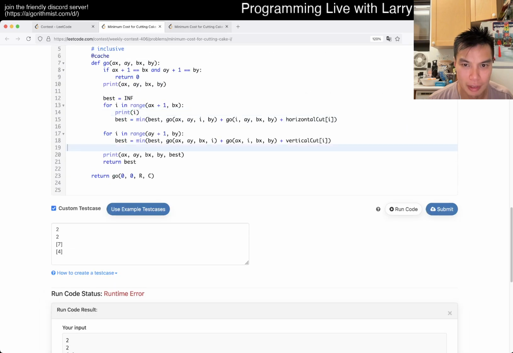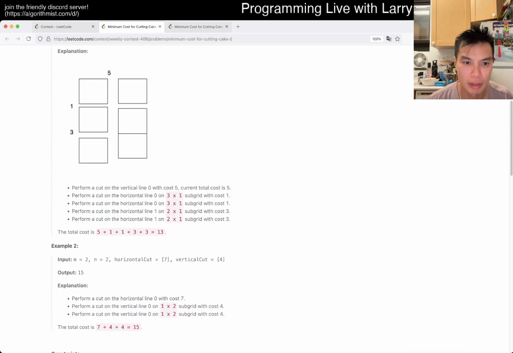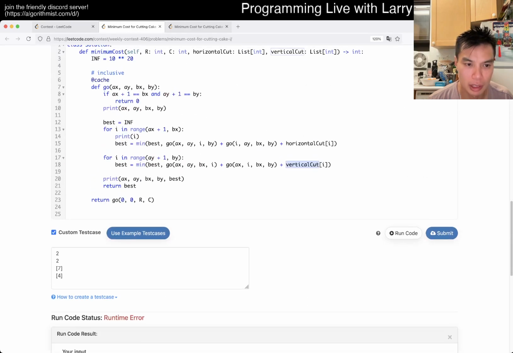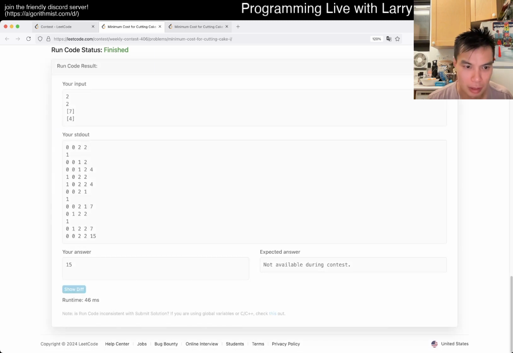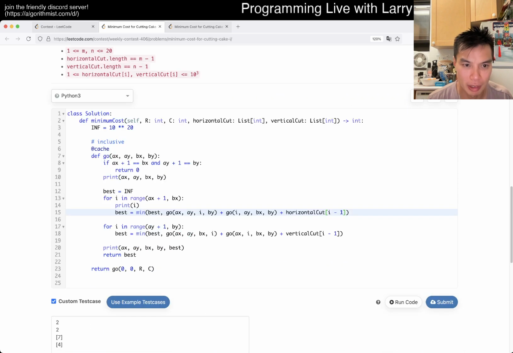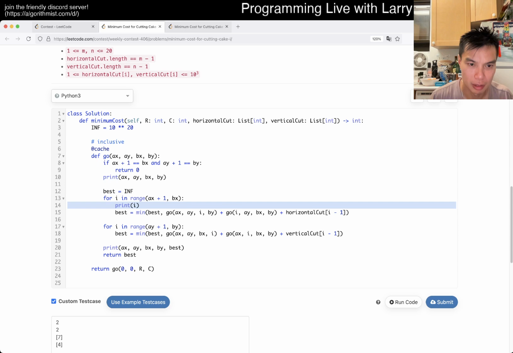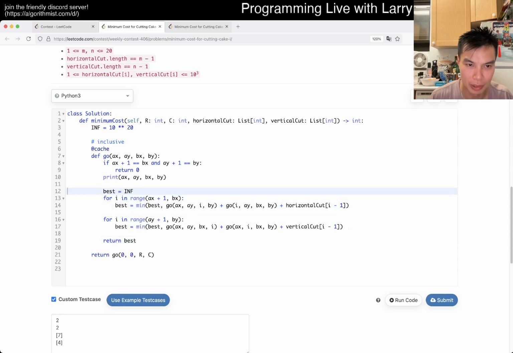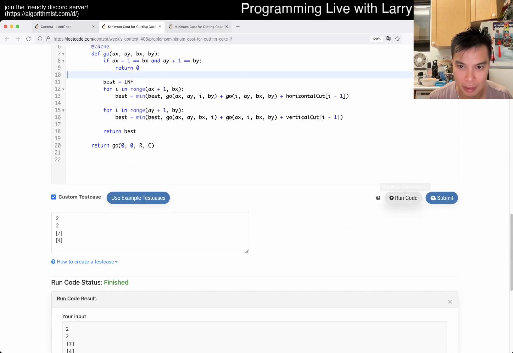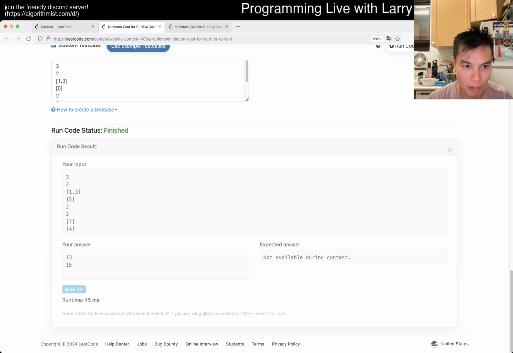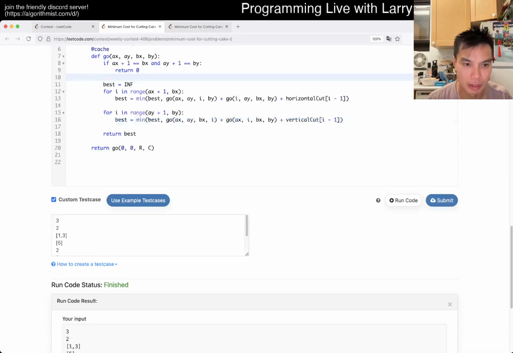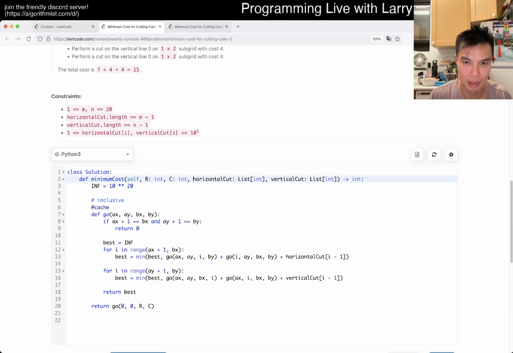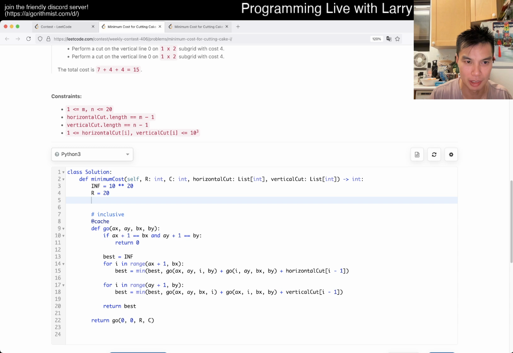Line 18. Why is vertical cut wrong? So this is 0, but we want it to be 1. Oh, okay. So this is this minus 1 because it'll never be 0. Okay, fine. So 15 is 15, right? All right, fine. Now is this fast enough? Who knows? That took a while, honestly. 13, 15. We might as well generate something. R0, 20, C0, 20.